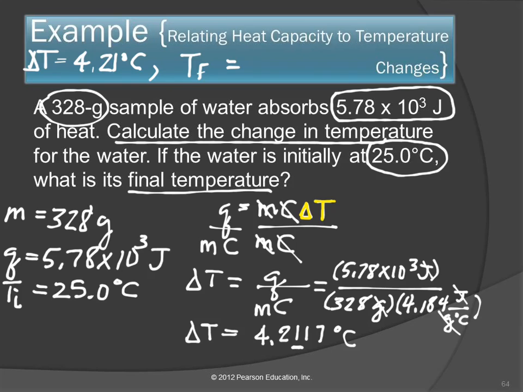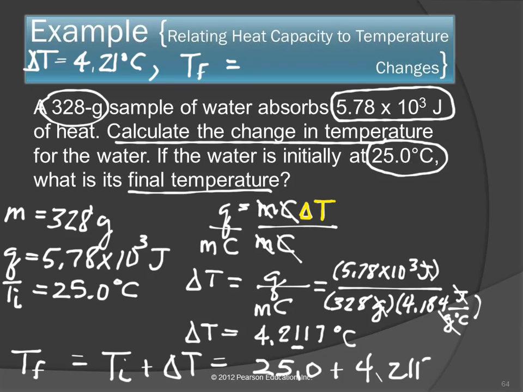And the final temperature equals, well, the final temperature, we've rearranged this before. It's the initial temperature plus the change in temperature. So it's 25.0 plus 4.2117. I still have the 4.2117 in my calculator, plus 25. 29.2117. That's degrees Celsius.